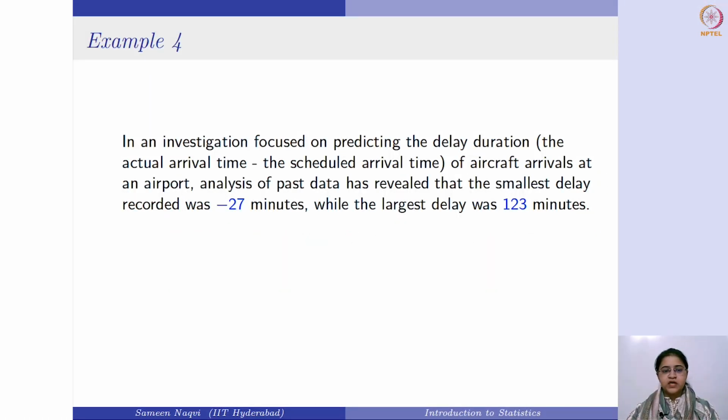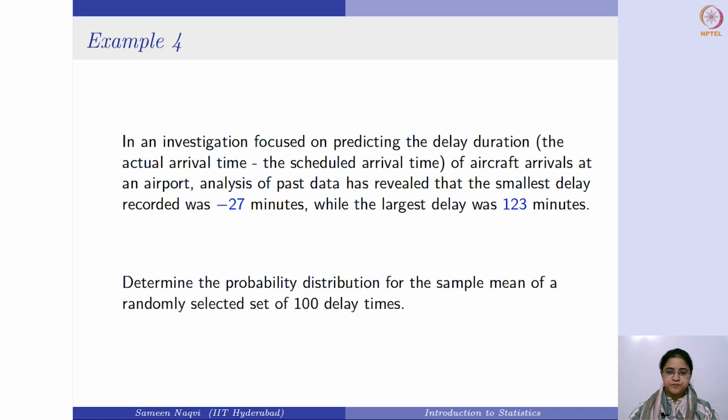Next, in an investigation focused on predicting the delay duration, which is the difference between the actual arrival time and the scheduled arrival time of aircraft arrivals at an airport, based on past data, it has been found that the smallest delay recorded was minus 27 minutes, while the largest delay was 123 minutes.